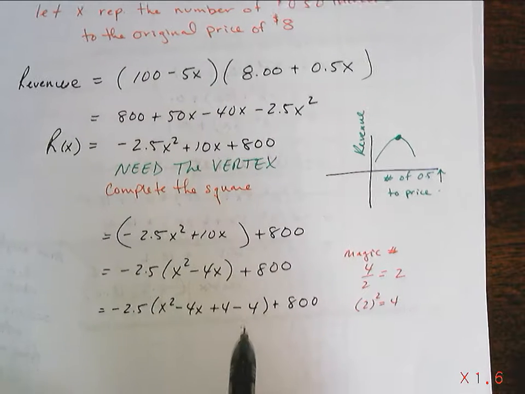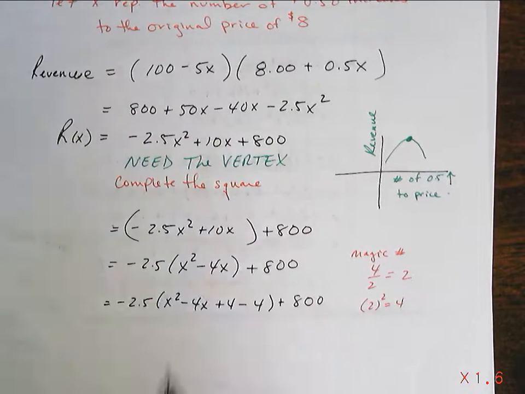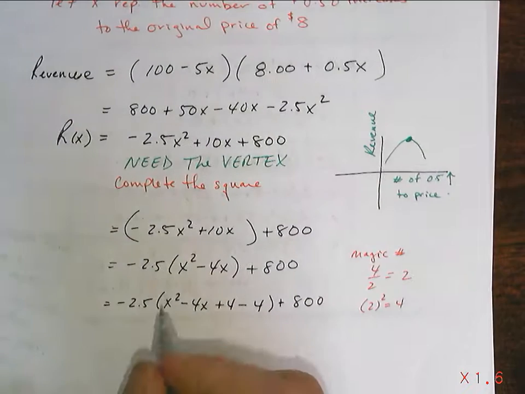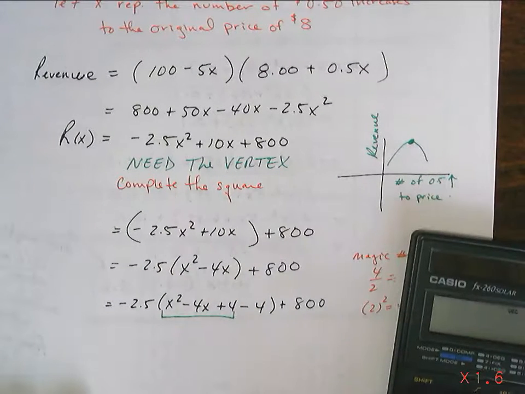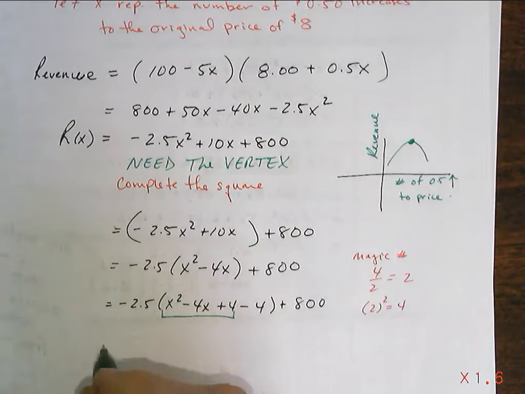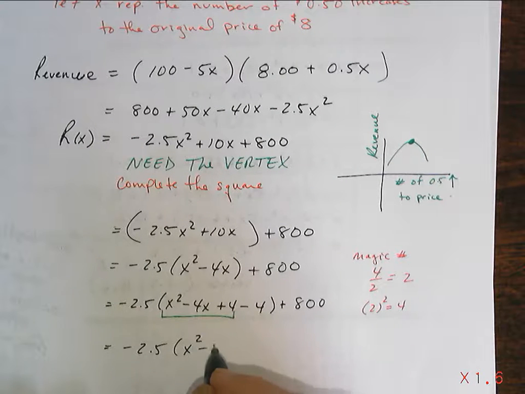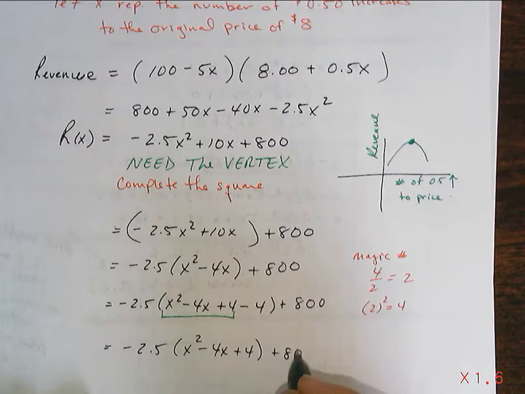That negative 4 we don't really want. It's not part of my perfect square trinomial. So the negative 4 gets multiplied by negative 2.5, which is 10. So it's going to be x squared minus 4x plus 4, plus 800 plus 10.